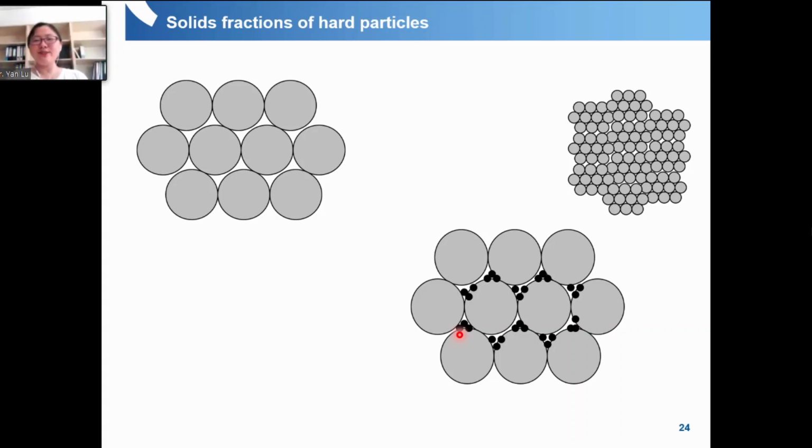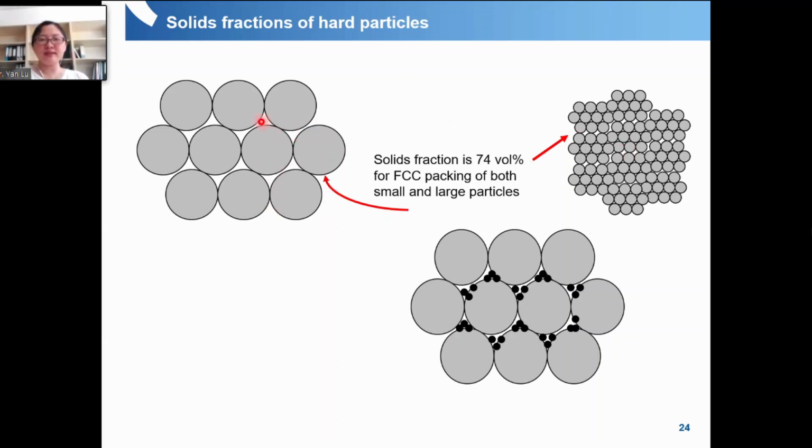This is the example I want to show you. If we have larger particles that are well ordered and close packed like FCC, you can have a maximum of 0.74 to reach this FCC crystal. But of course, you can use small particles to fill in these voids.